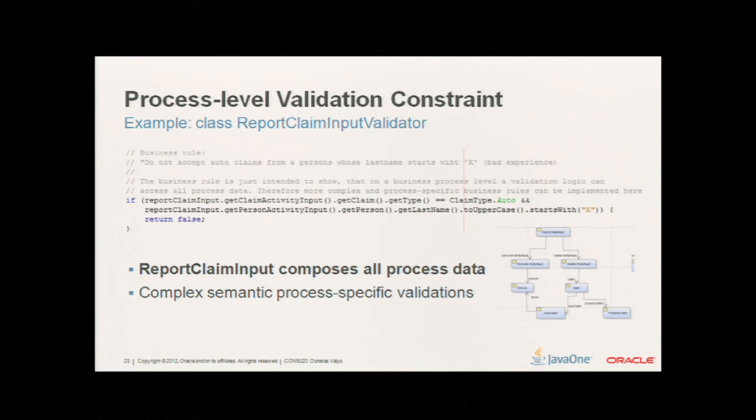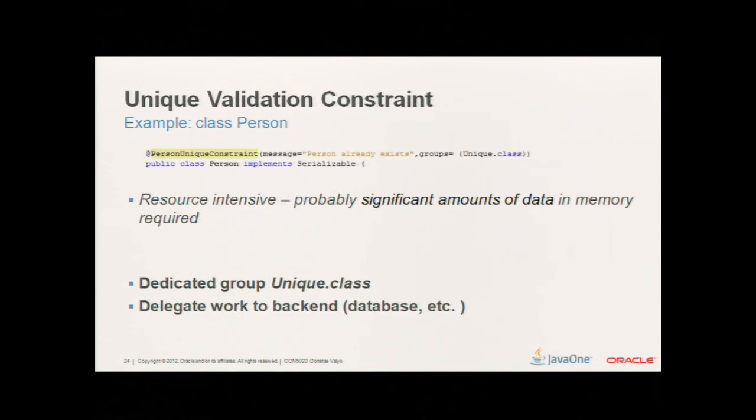So the process level validation constraint is for more complex, semantic, process-specific validations, like in this case. And when we move towards complexity, of course, it's not always possible to implement everything in Java. We do not always have all the data accessible, and there is some functionality in the backend systems which supports enforcement and validation of business constraints.